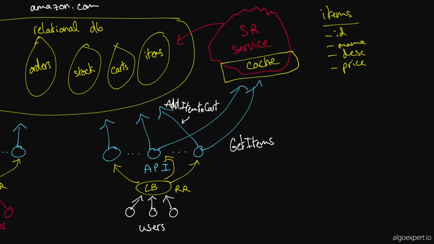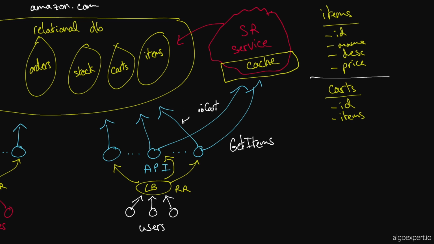So here maybe we'll write out our carts table and put a white line. Carts is going to have an ID and probably an items list, which is going to have the ID of the item and the quantity. So maybe add item to cart is incorrect. Maybe it should be update item quantity in cart.